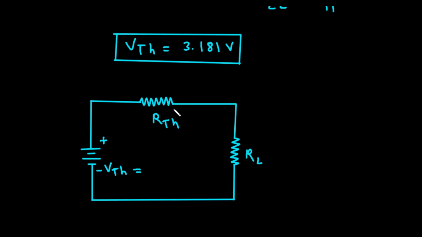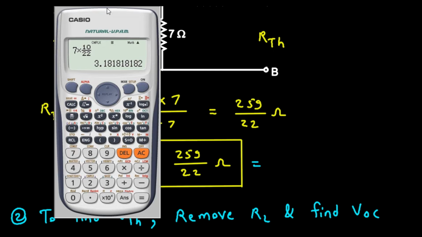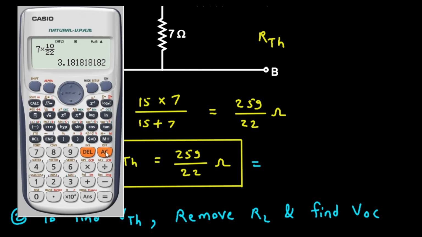The value of VTH is 3.181 volt. The value of RTH, we can write the value in fraction, or we can write this value as 259 divided by 22.